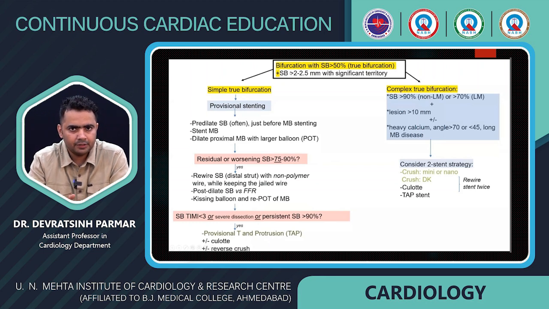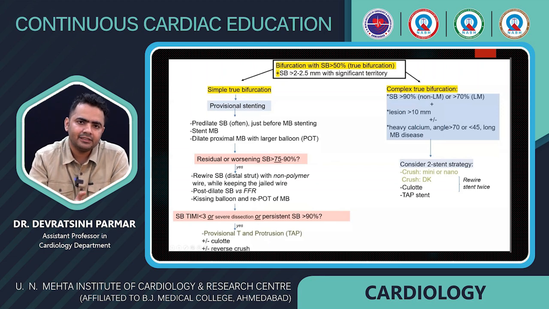One is simple and complex. In a simple bifurcation, upfront, the first technique we usually prefer is provisional stenting. So basically in provisional stenting, what you do is you wire the main and side branch, you put a stent in the main branch and then you do a POT and then you do a coronary angiography and see whether there is any involvement of your side branch, still significant stenosis or not.